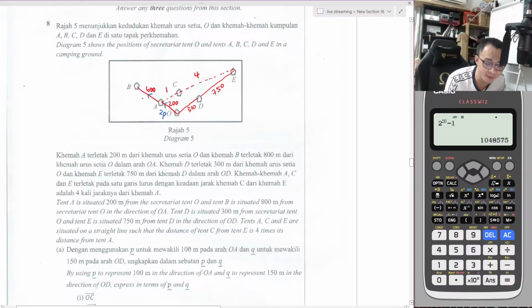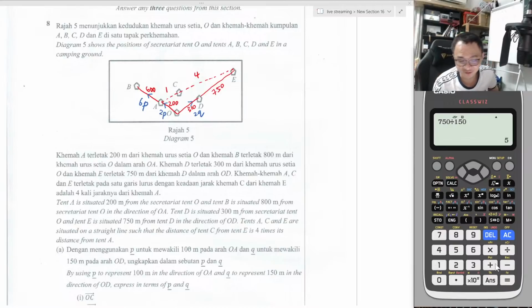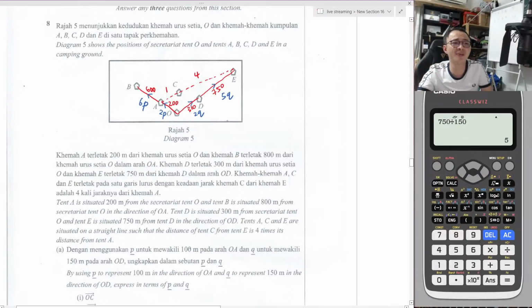This one means 6P. So in this direction, divide 150. 300 divided by 150, you will get 2, isn't it? So this one is called 2Q. 750 divided by 150, you are actually getting 5, right? So here will be 5Q. Right, this is all the information I have from the diagram.